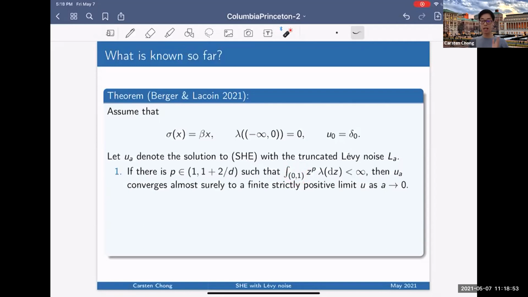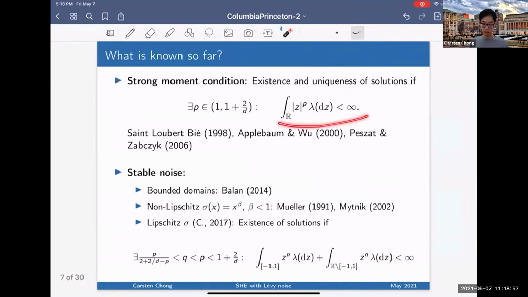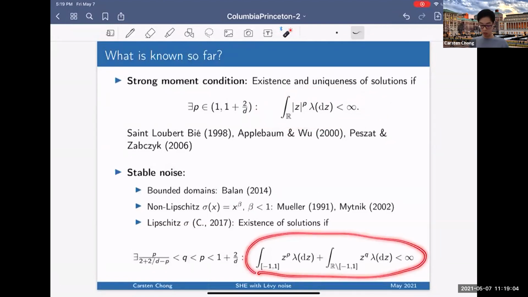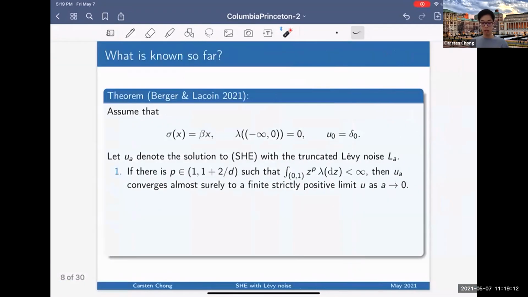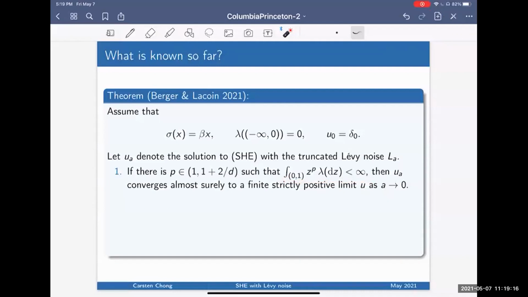So that's only a condition on the small jumps. Okay. So when I go back, this was on the whole space. So that's obviously much stronger. This one is also stronger because it imposes a similar condition on the small jumps, but it also has another one on the big jumps, which was removed in this theorem here. Okay, so this is only a condition on the small jumps.